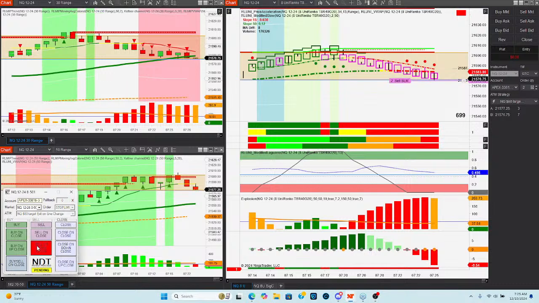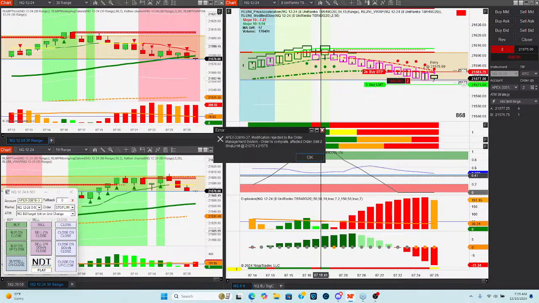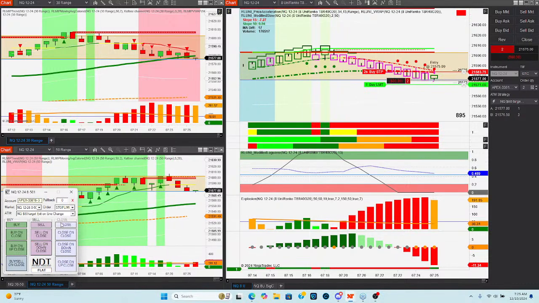Order submitted. Order filled. Didn't like my order. Hopefully I'm not too premature. I kind of jumped in on that one. Maybe a little too early. I'm getting a little bit of a pullback here. As I said, I prefer to go in when it's red, not like this.